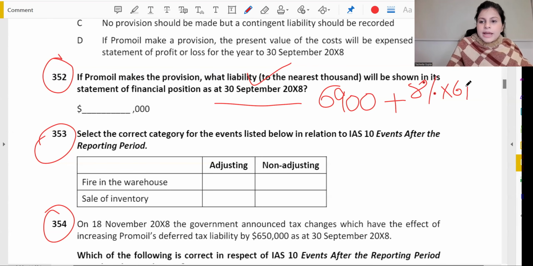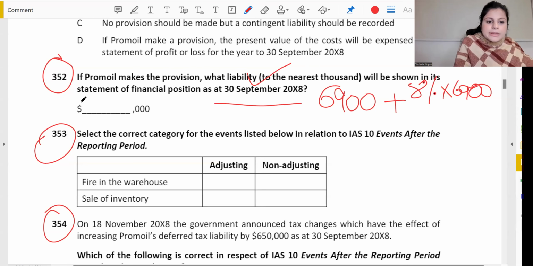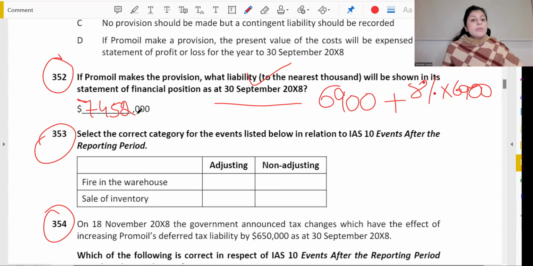Can you tell me how much is that? What is 6,900 plus 8% of 6,900? 7,452. Very good. So the total is going to come out to be 7,452. So that is my closing provision.